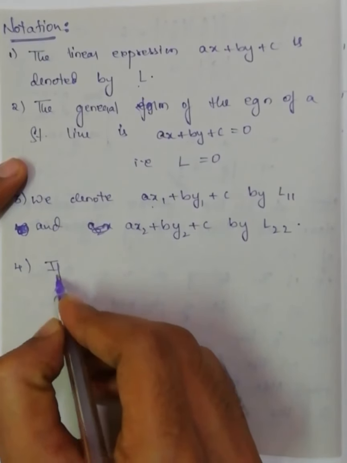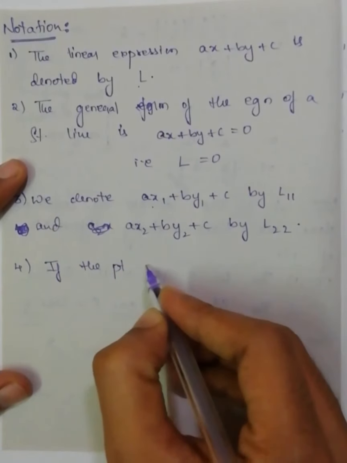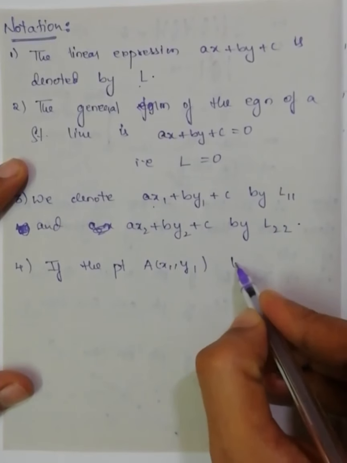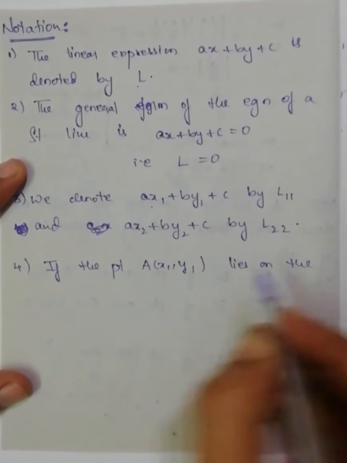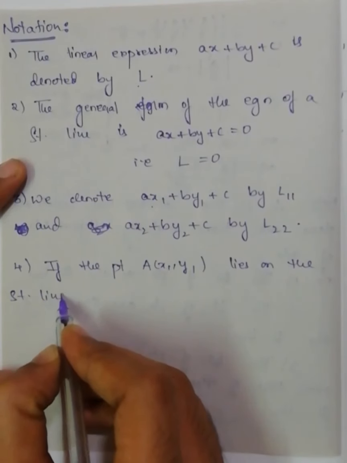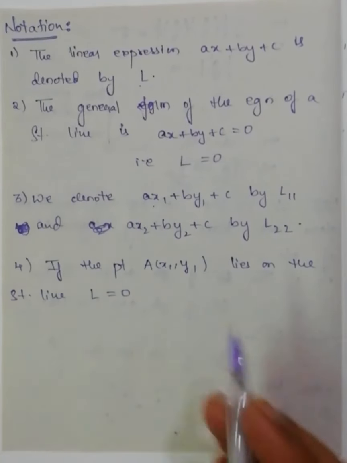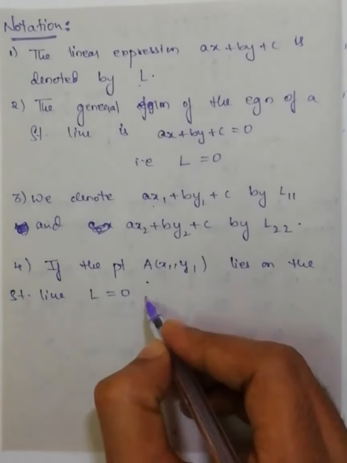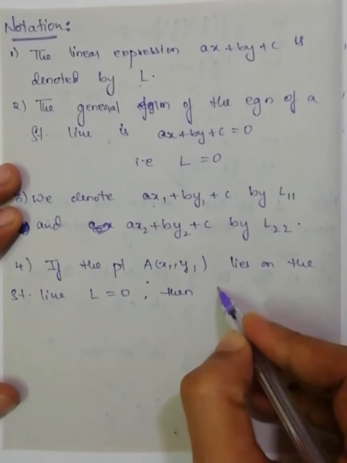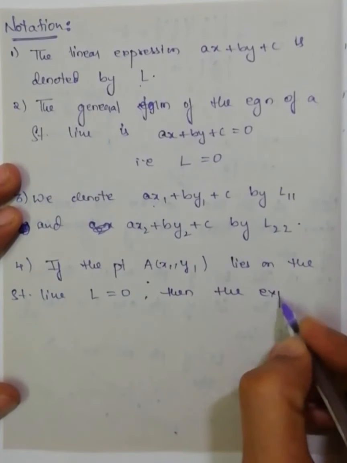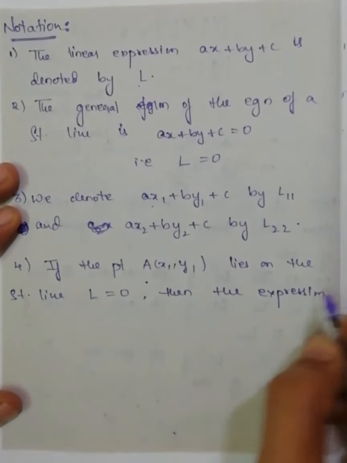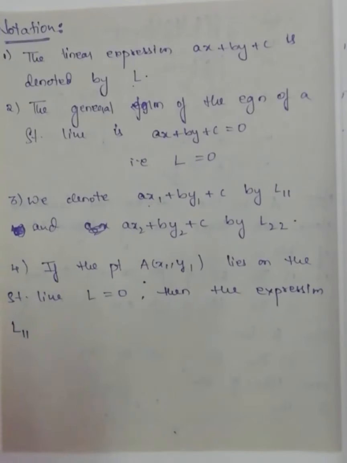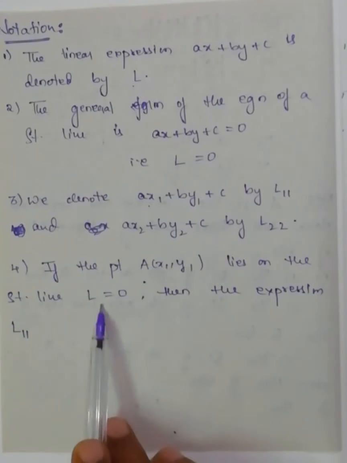Now fourth one, if the point A of x1 comma y1 lies on the straight line L is equal to 0, then the expression L11 is 0, because the point satisfies this equation.